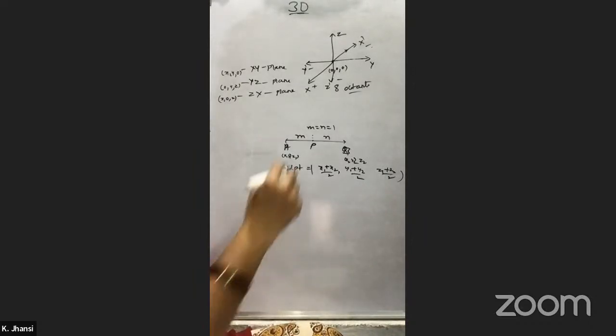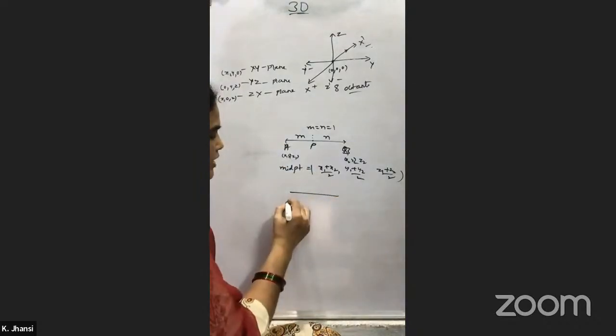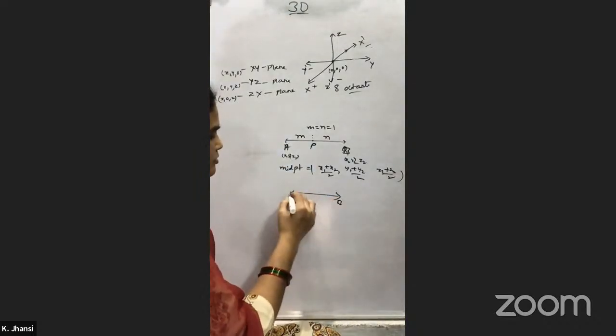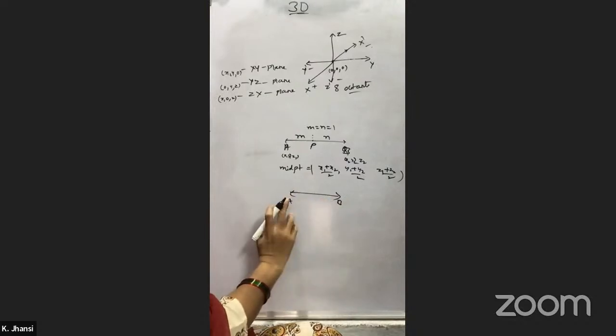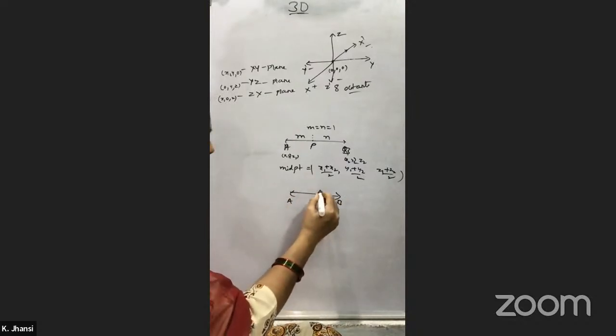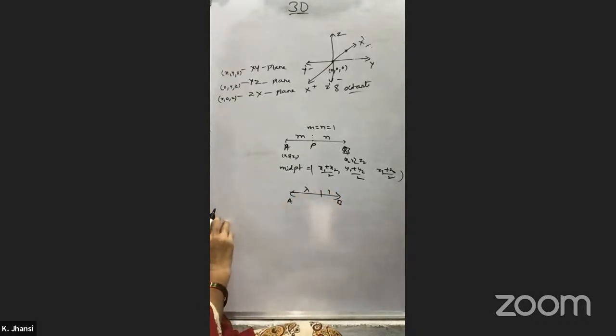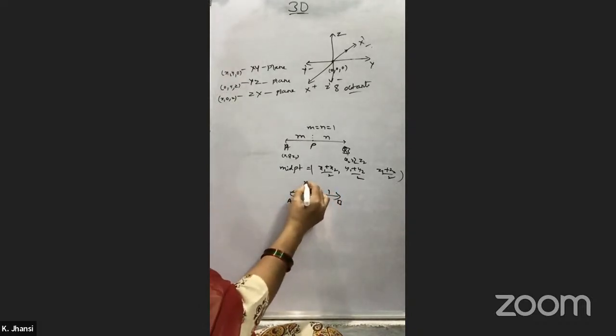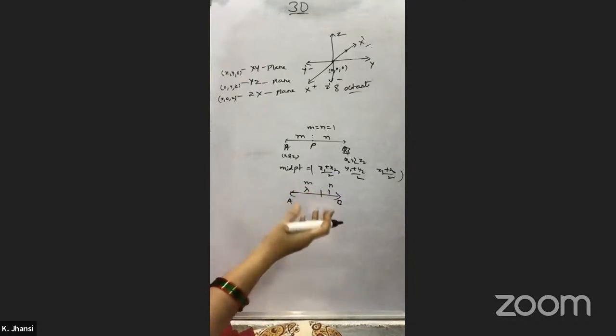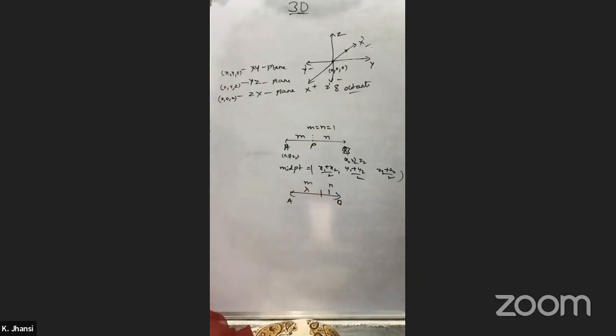And one more: if a line segment AB is divided in the ratio lambda is to 1 or M is to N, but both are not equal, they may have different values.